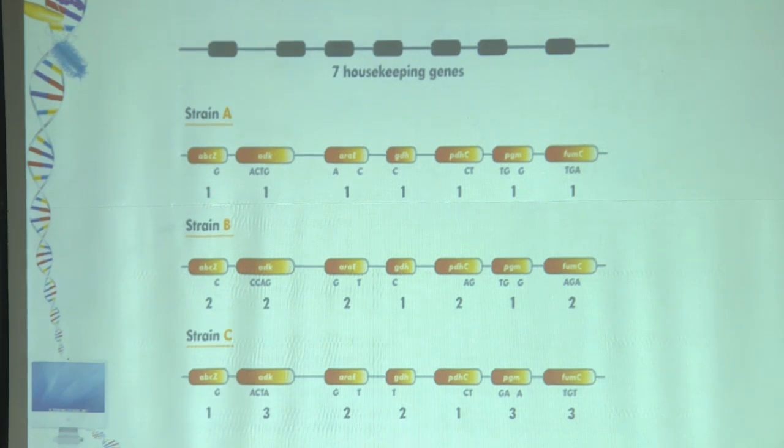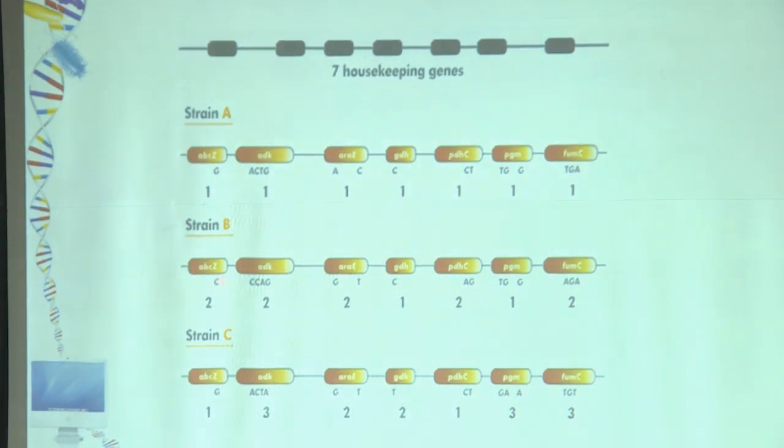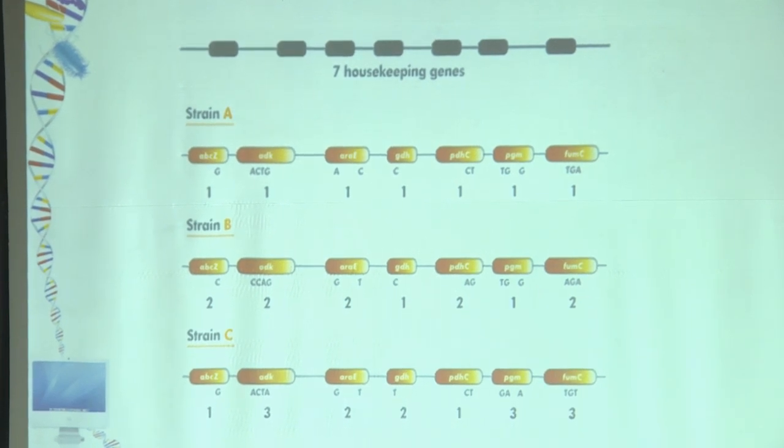And I'll draw your attention to strain B, for the same loci. They have assigned the number 2. What prompted the investigator to assign the number 2 here? The difference of a single nucleotide variation. In a stretch of around 600 base pair sequence, they found, somewhere in the middle or at the edge, a single base pair variation.